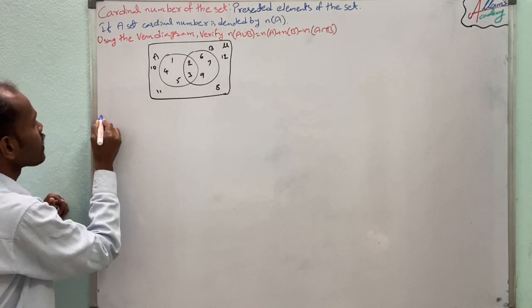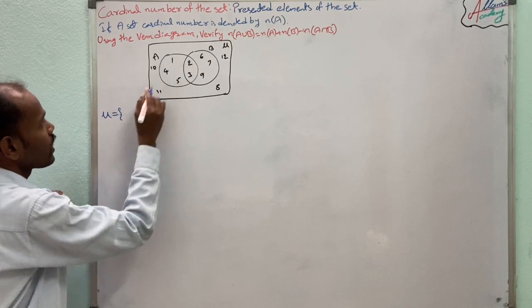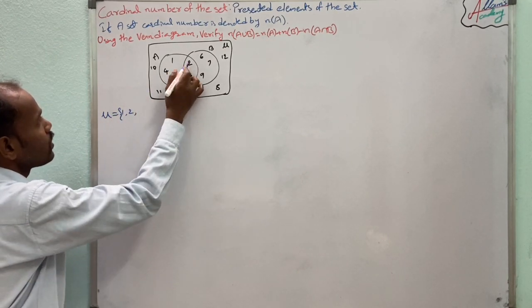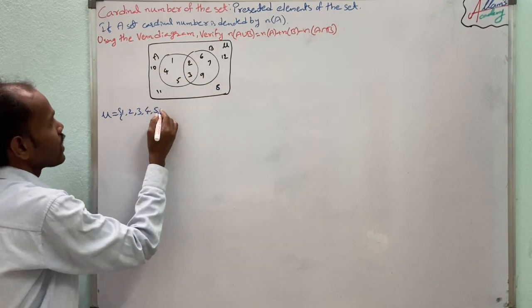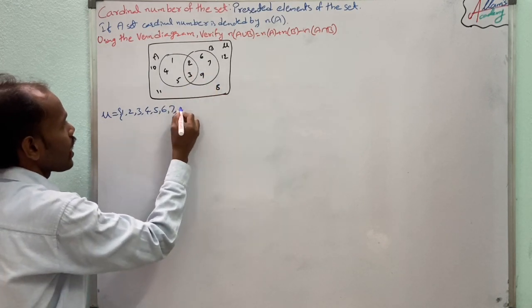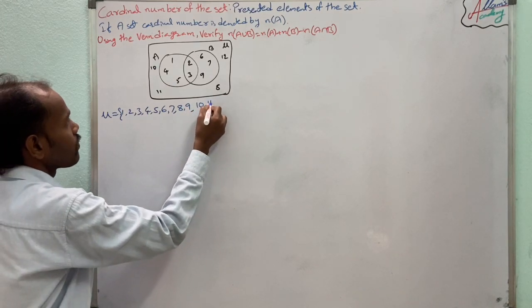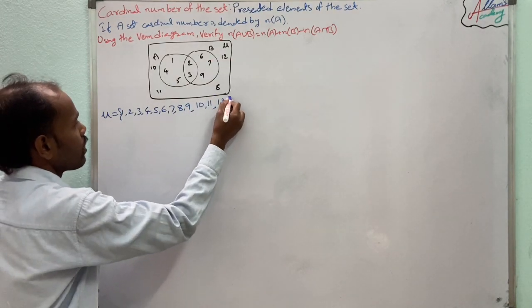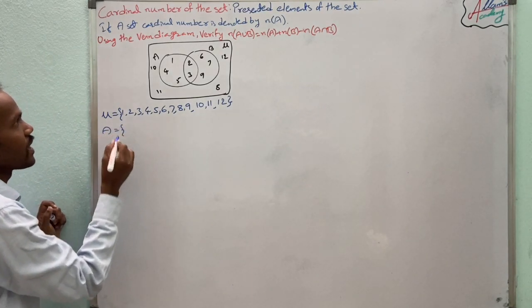The universal set contains all the elements of the sets. So those are 1, 2, 3, 4, 5 and 6, 7, 8, 9, 10, 11 and the element 12.